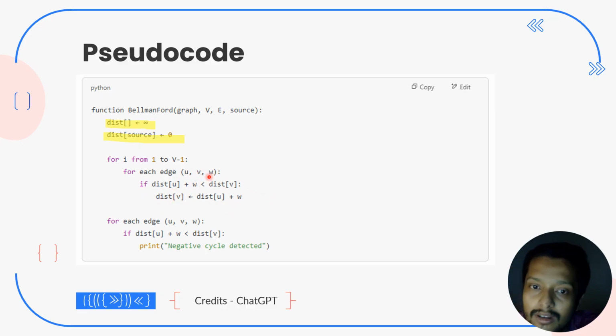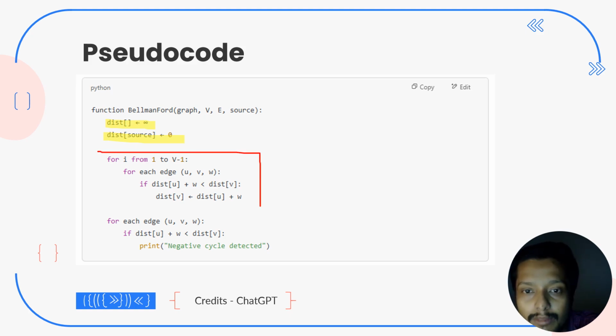And this you have to do V minus 1 times. Okay. So this is the code that will give you the minimum cost matrix from the source to every other node in the system.